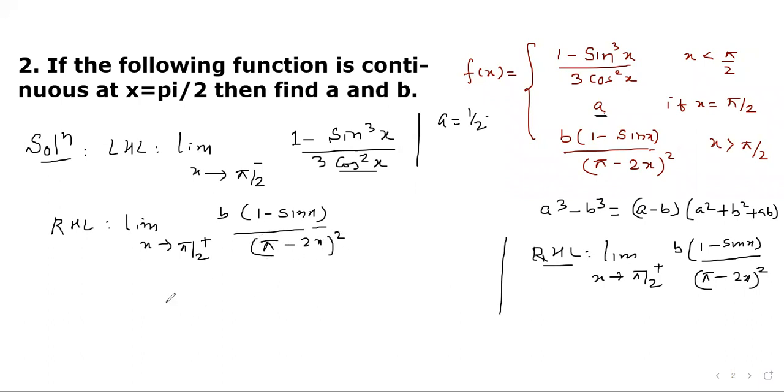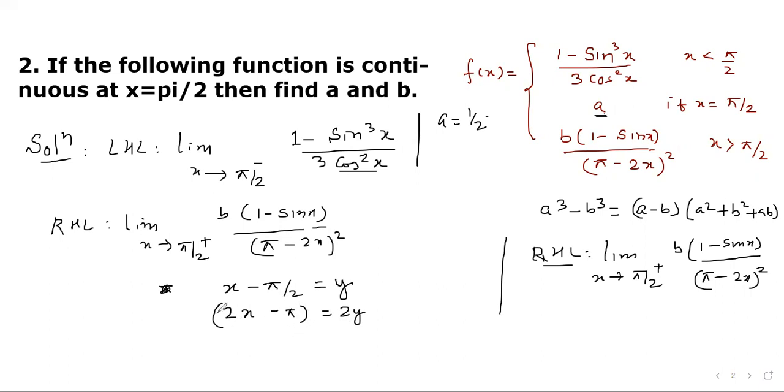Here we assume that x minus pi by 2 equal to y. Then 2x minus pi equal to 2y.